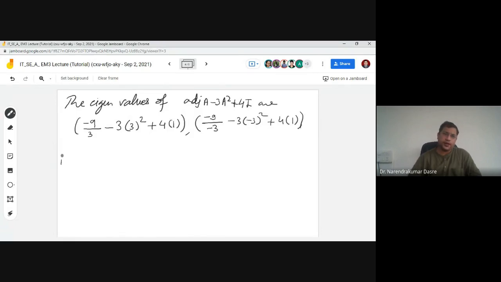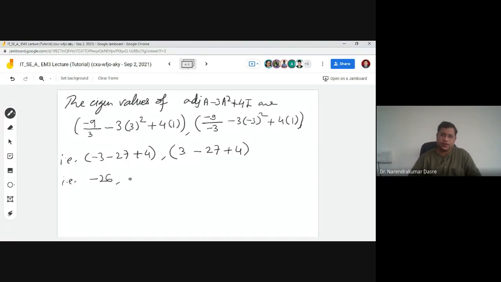Okay, so now simplify what these eigenvalues are. So it is -3, this will be -27, and plus 4. And here it is 3, -27, and plus 4. So what will be this eigenvalue? It will be -26.